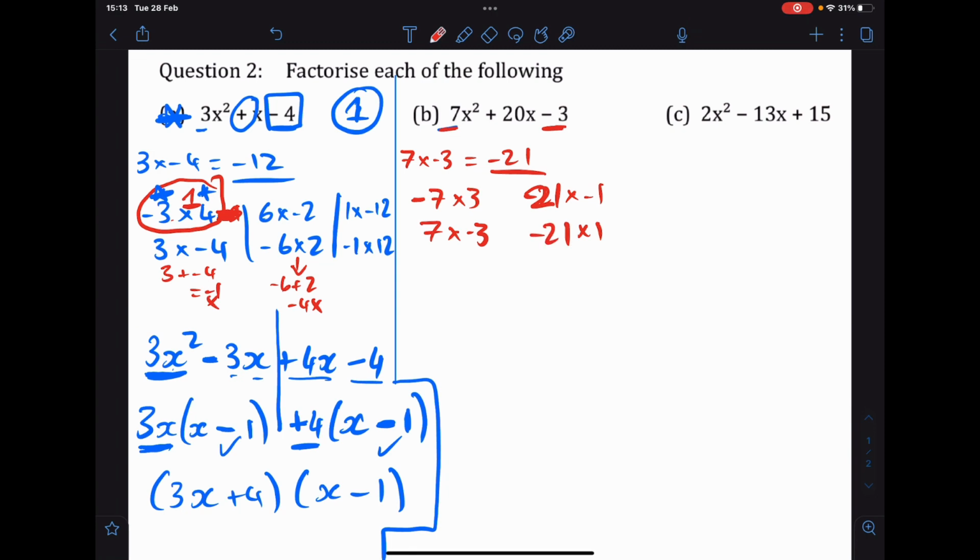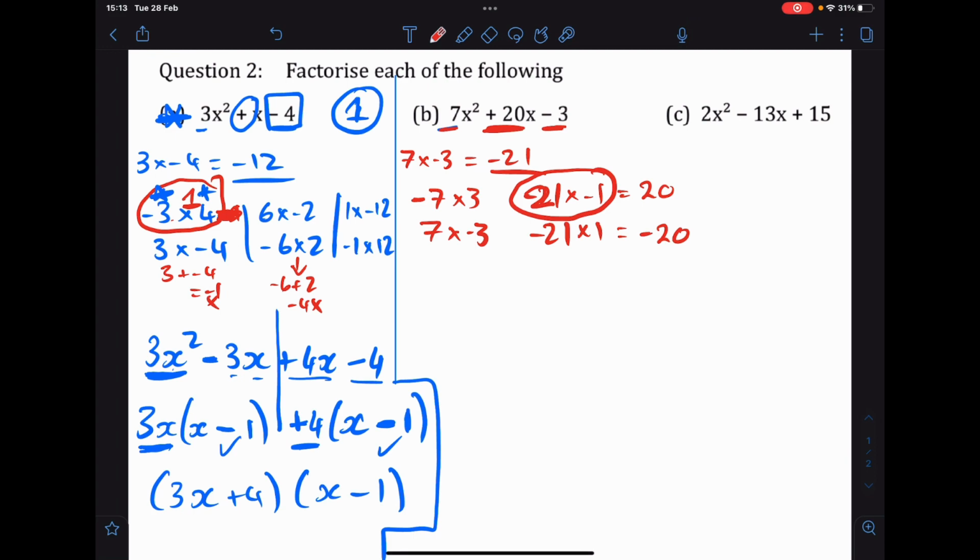Okay, so that's everything that makes minus 21. Now I'm going to choose the one that adds up to this middle number, which is plus 20. So this one adds up to minus 20. This one adds up to positive 20. So this is the one I need.